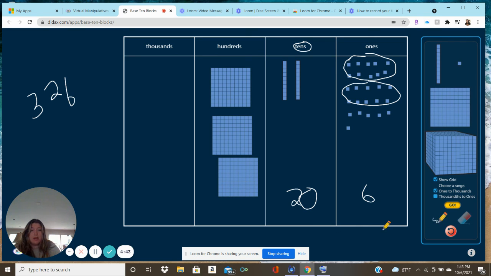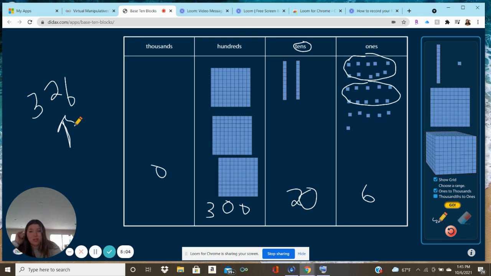And so now we have 300. And do we have anything in the thousands place? No, there's nothing there, so 0. So then 300 plus 20 plus 6 equals 326.